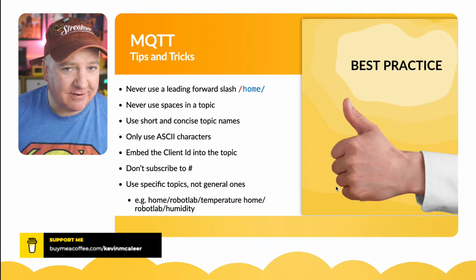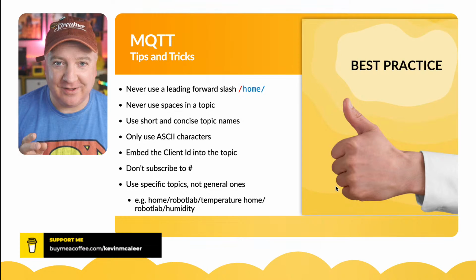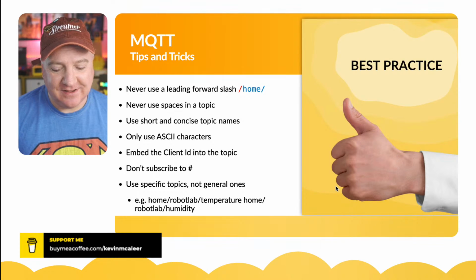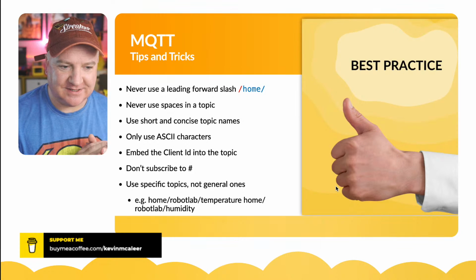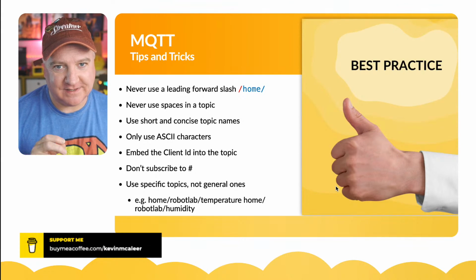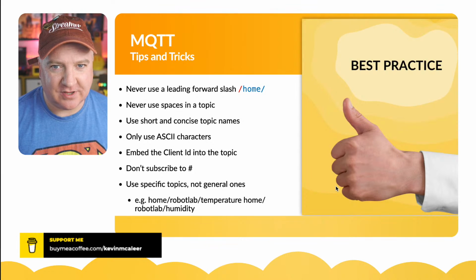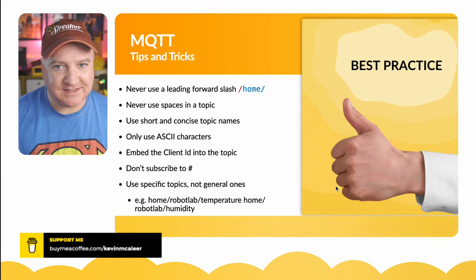Only use ASCII characters. ASCII is the American Standard Code for Information Interchange. It's like the 256 characters from the old days when people used things like DOS and some Unixes. Nowadays it's all Unicode, and you've got 2 bytes for every single character, and you can have lots of different languages represented by that. But this is like in the old days.